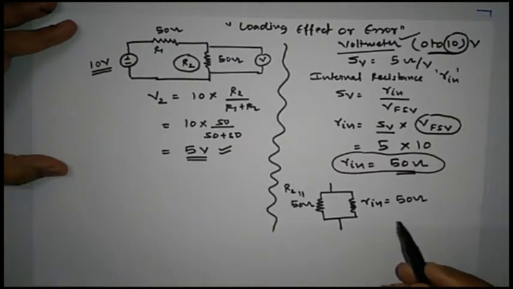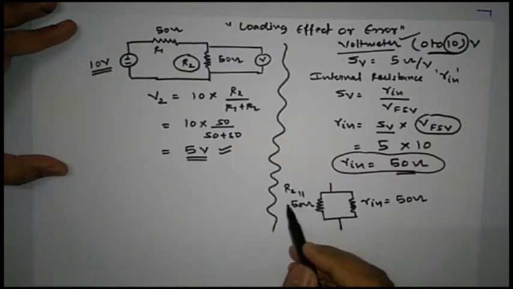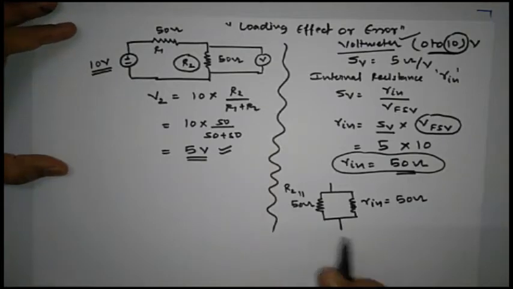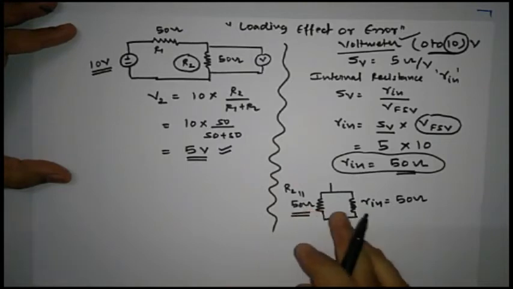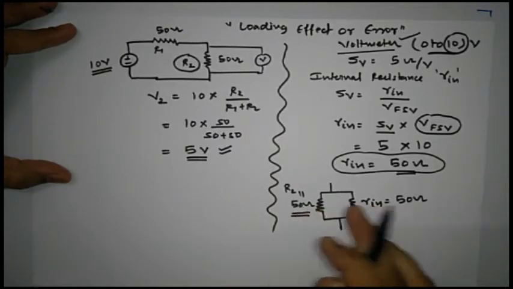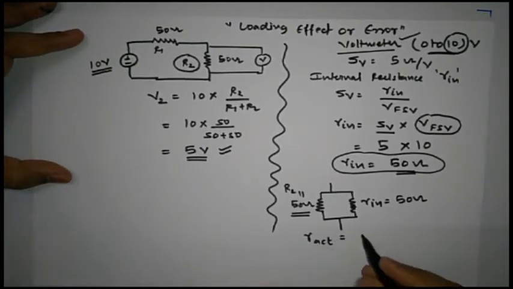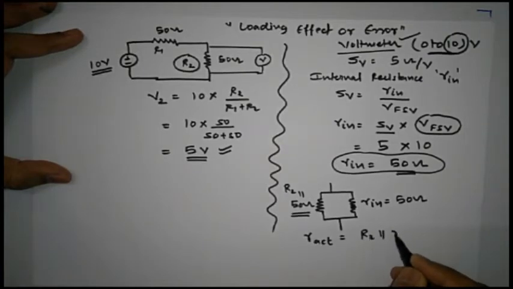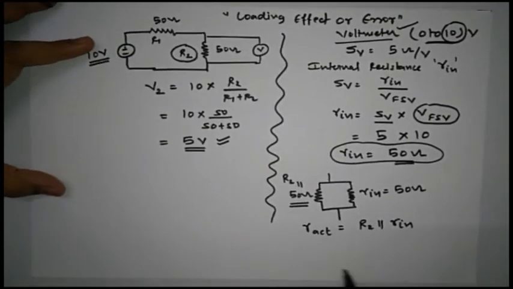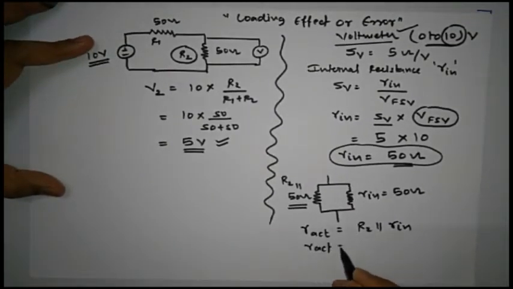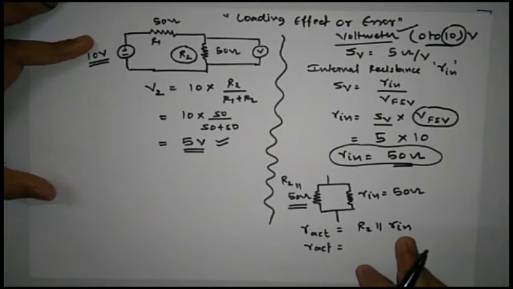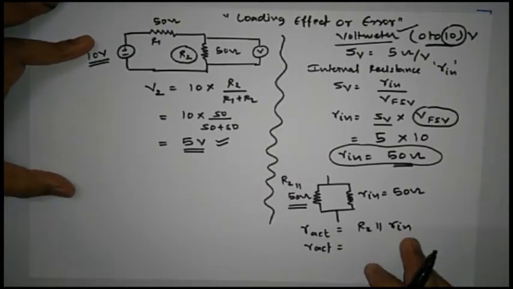Now a voltmeter will read a voltage across this parallel combination instead of reading a voltage across this 50 ohm. So what we need to do? First of all, we need to calculate the effective resistance of this parallel combination. So let us consider the effective resistance is indicated by R actual, which is nothing but a parallel combination of R2 and Rin. Two resistors are in parallel, formula is product by sum.